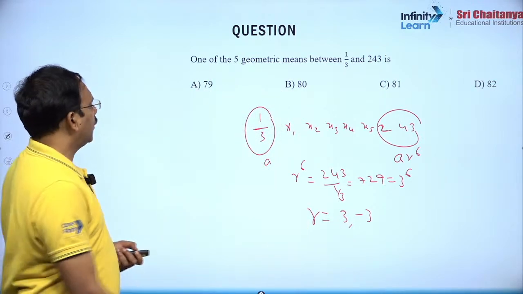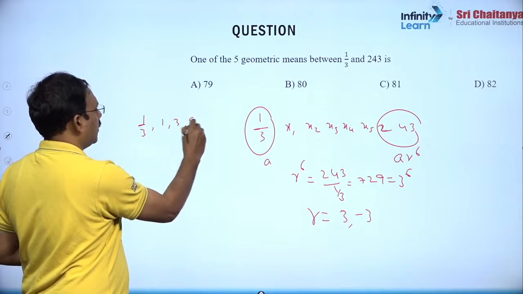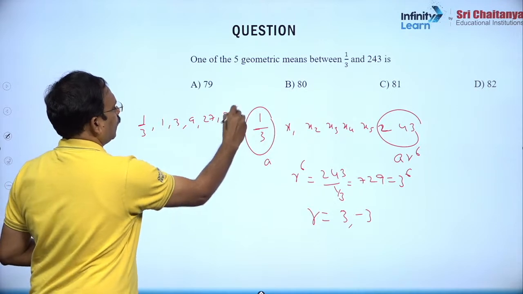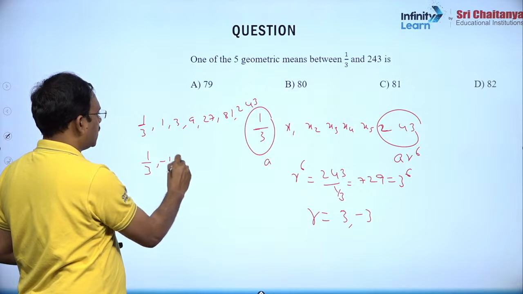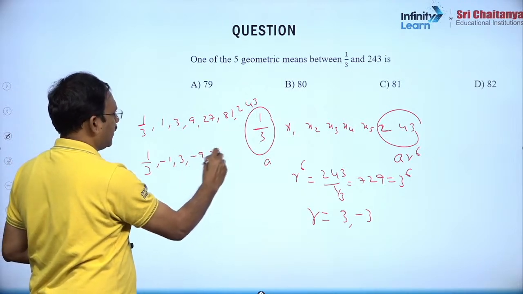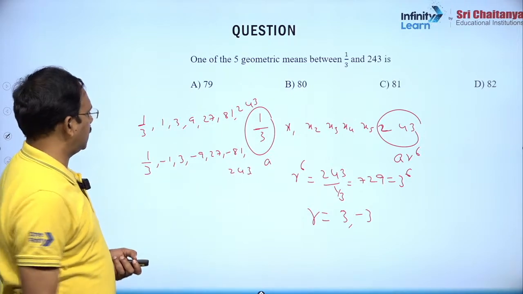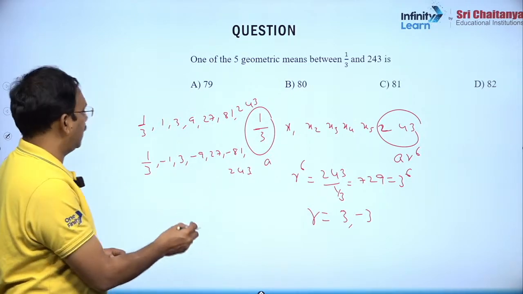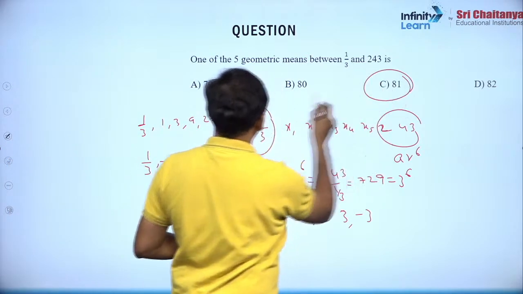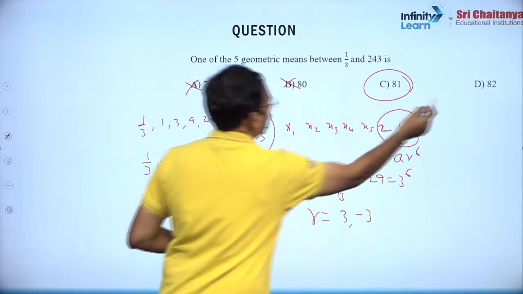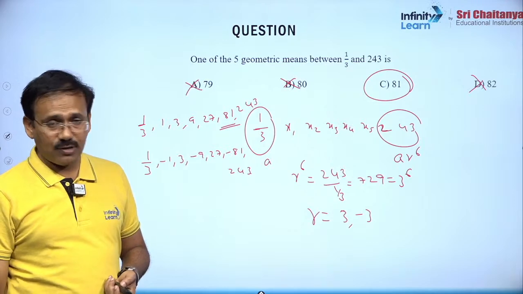If you take the r value 3, my dear friends: 1 by 3, 1, 3, 9, 27, 81, 243. Or if you take minus 3: 1 by 3, minus 1, 3, minus 9, 27, minus 81, 243. So in both situations 81 is there. So 81 is okay, the rest of the numbers are not at all possible. Okay, 81 is one of the possibilities, right dear students.